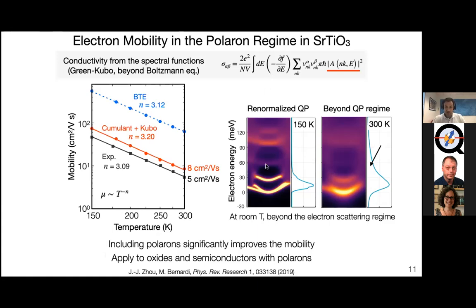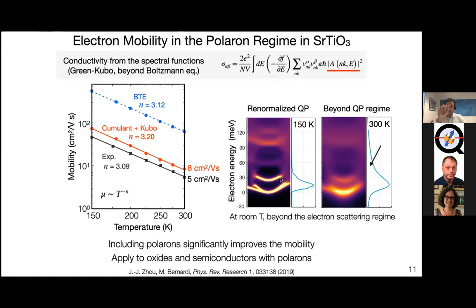In particular, if we compute the spectral functions for all the electronic states, you see now the quasi-particle peaks shown here essentially show the renormalized conduction bands. And at higher energy, you have the satellites. Now, if we plot the integrand of the conductivity formula, we see that at low temperature, the main contributions are still from the quasi-particle peaks.